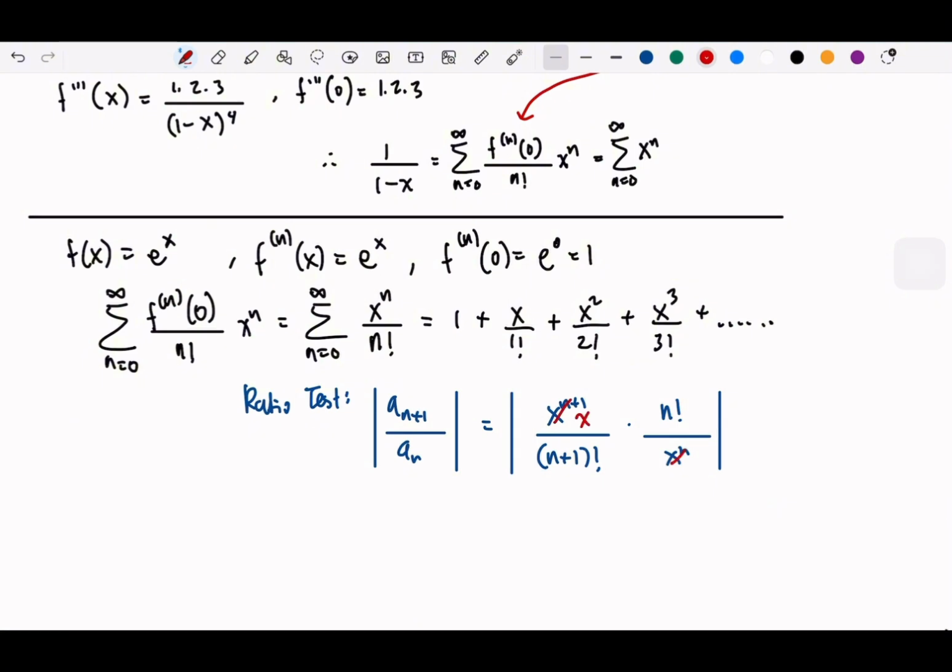Okay, so this is x, and with n factorial, we can cancel the n plus 1 factorial, and it becomes n plus 1.